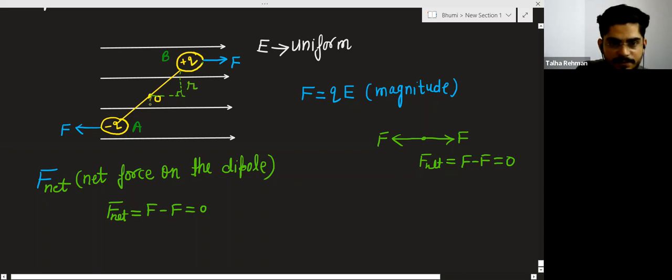Same is the case here. This distance is also r due to the symmetry.